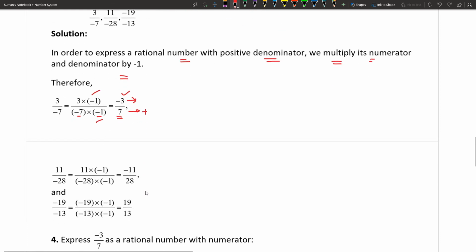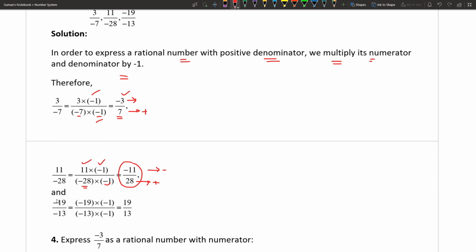Here the numerator is negative but the denominator, minus 7 into minus 1, is positive. For the next rational number, 11 upon minus 28, once again we multiply both the numerator 11 and minus 28 by minus 1, and we get the rational number minus 11 upon 28, where the denominator 28 is positive and the numerator is negative.